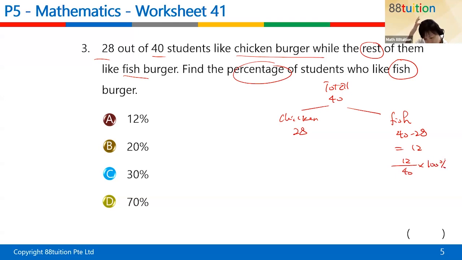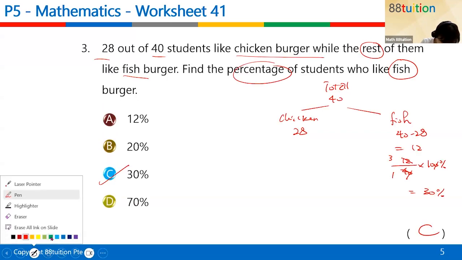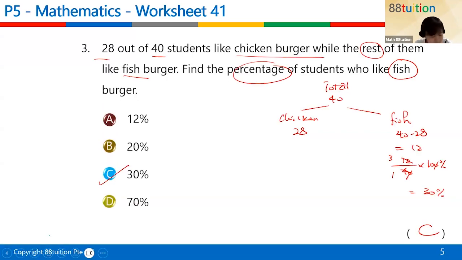Why 100%? Because you are looking for a percentage. Straight away, without a calculator, you can do it. Divide by 4, divide by 4. From here you get 30%, which is C.